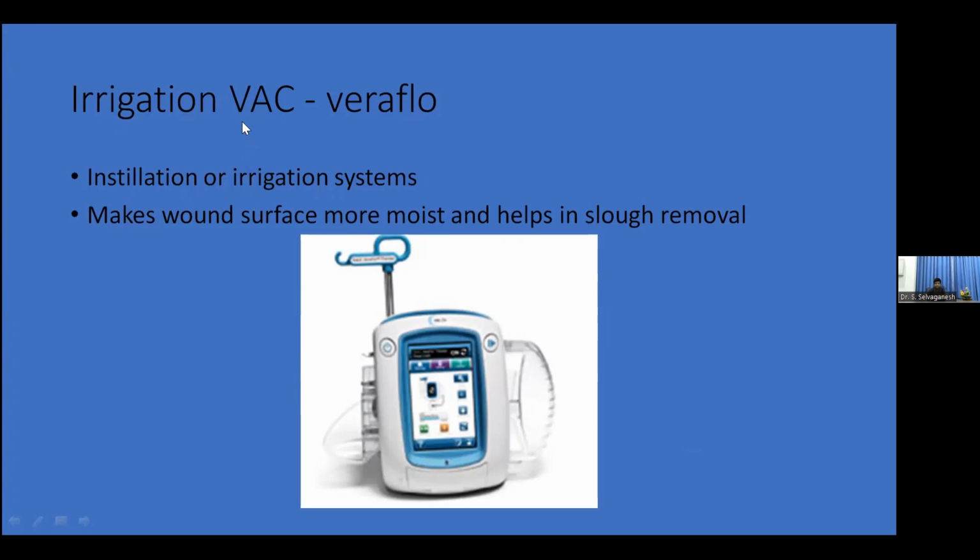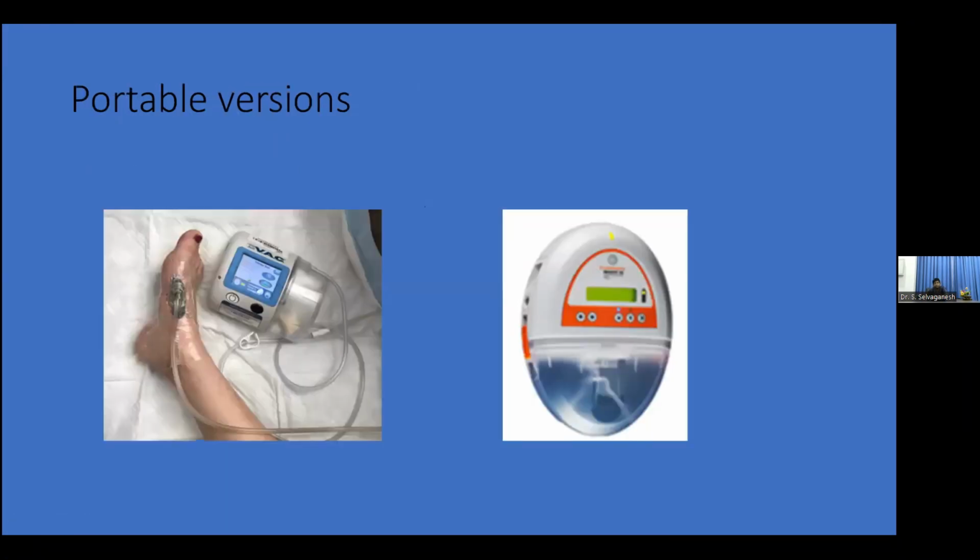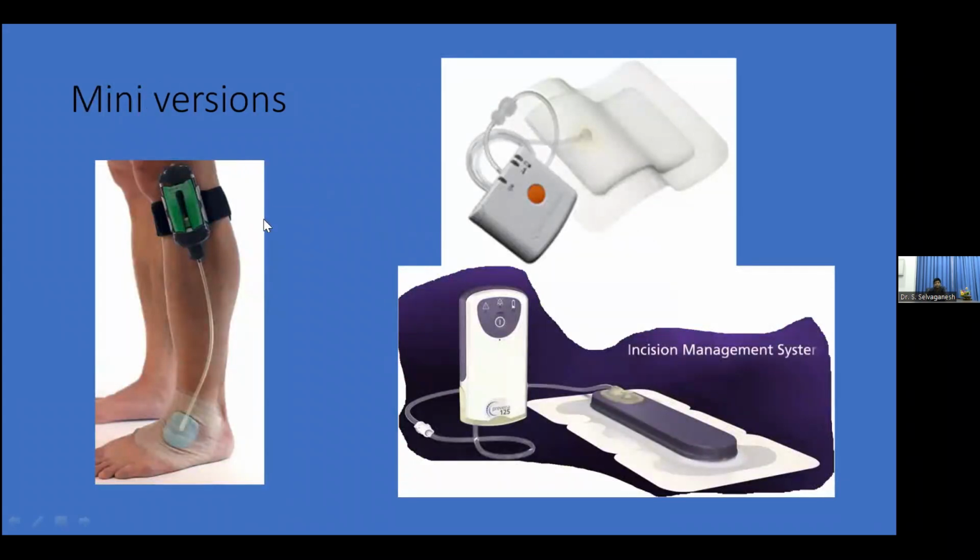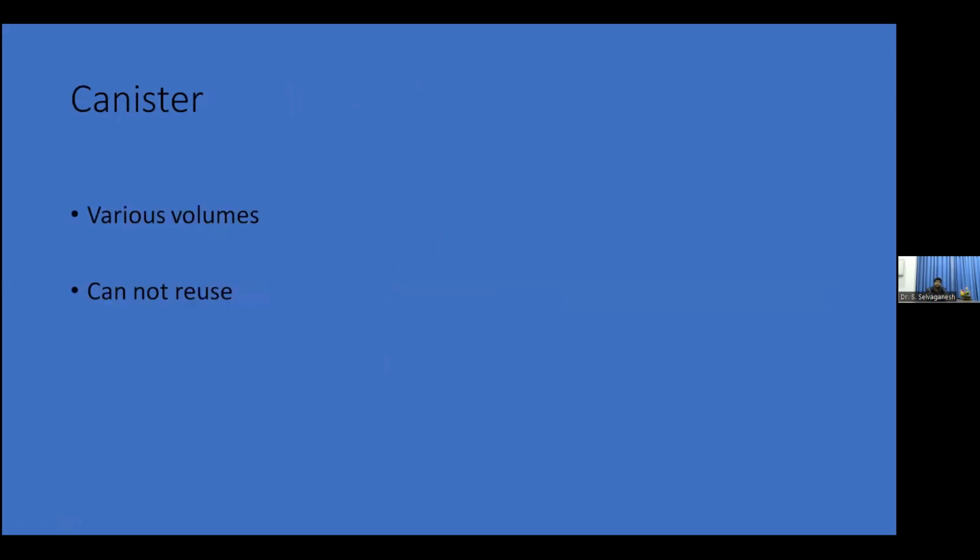Vacuum dressing itself keeps the wound surface moist. We even have portable versions, where patients can carry it and go home, even go for work. There are mini versions for small ulcers and all. The canisters connected to this machine have various volumes, and the companies have made them so that they cannot be reused.